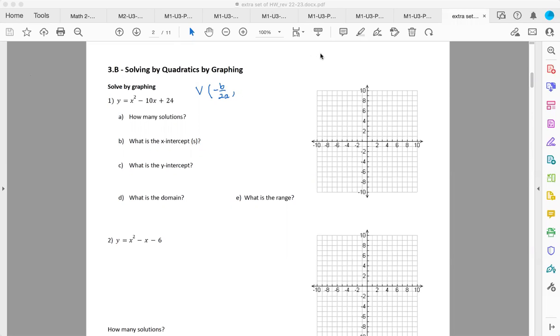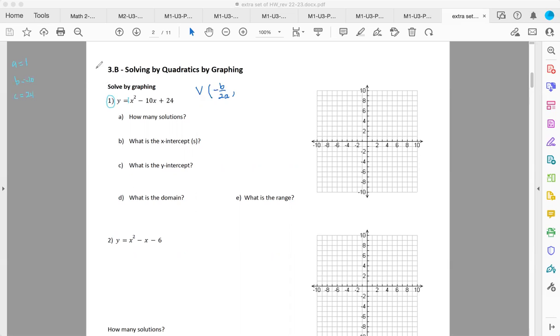So in our case, for number 1, we know a is equal to 1. A is the coefficient, the leading coefficient of the equation, which is a 1. B is negative 10, and C is 24.